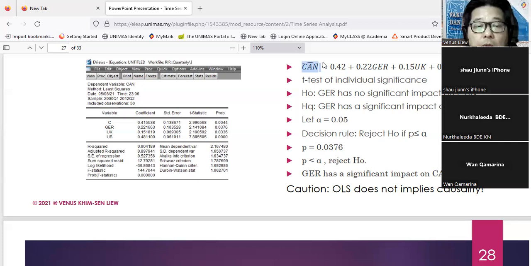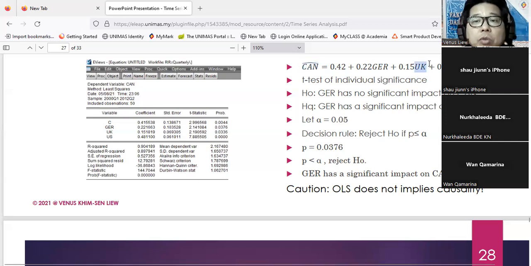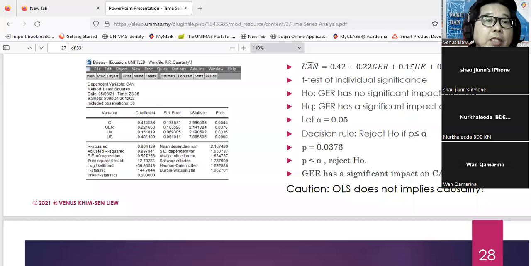So what do you mean when there is no significant impact? Let's say UK has no significant impact on the Canada real interest rate. That means we don't have to look at UK interest rate when we want to know Canada interest rate. It has no relationship with UK interest rate. So we forget about that UK. That is one way you can determine whether a variable is significant or important.